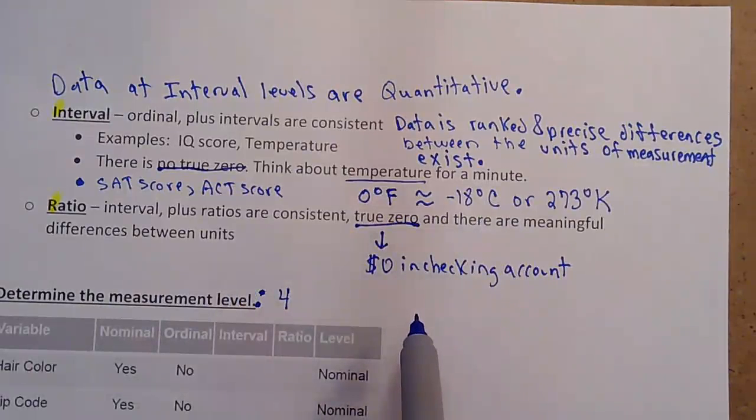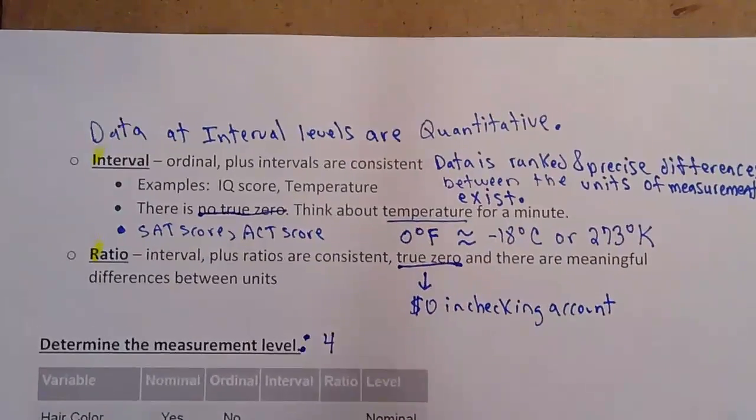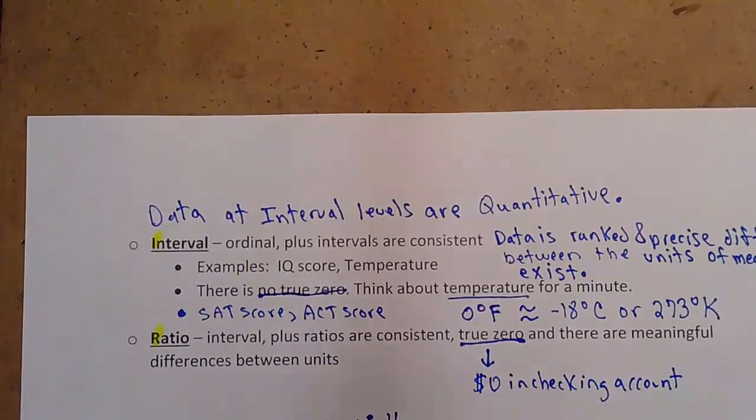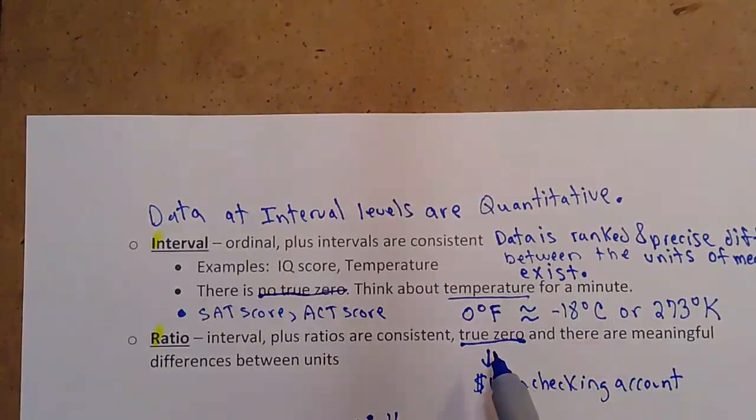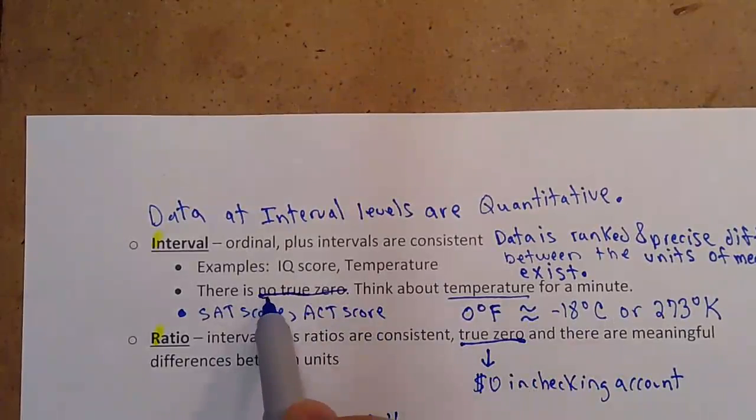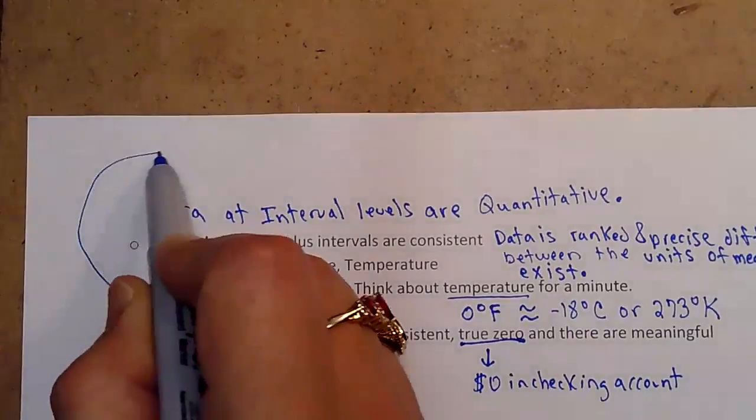The other example of no true zero would be dress size. Let me write this. No true zero. Come back over here.